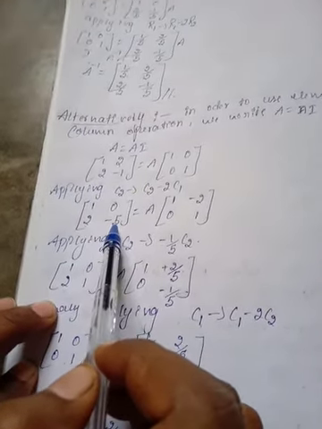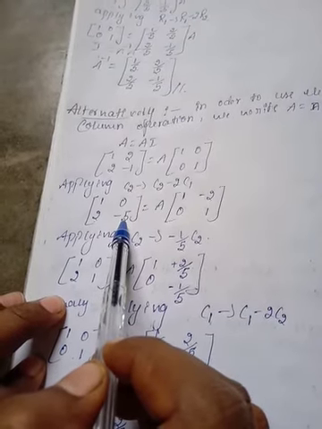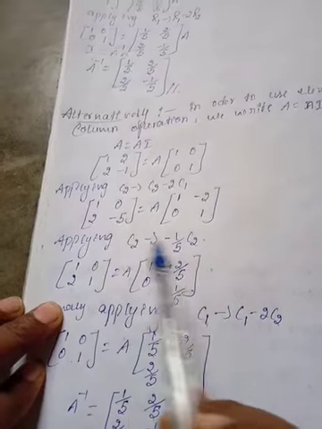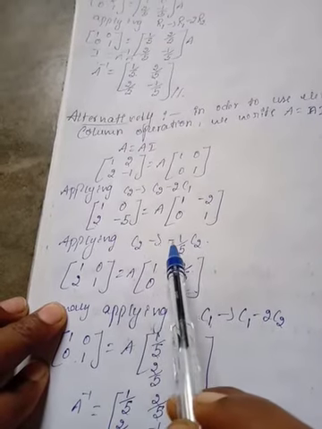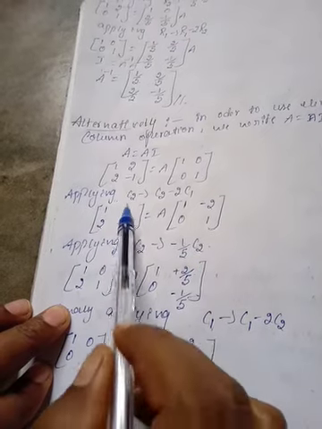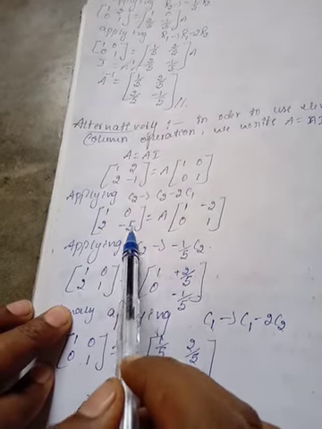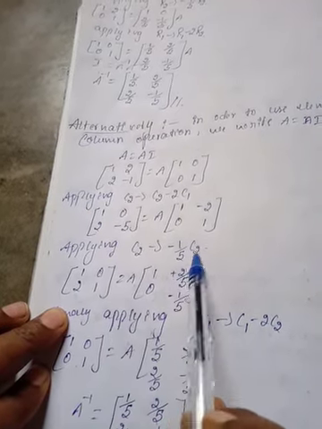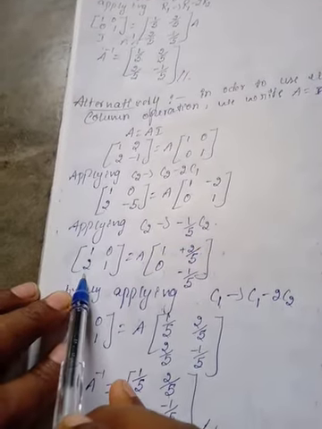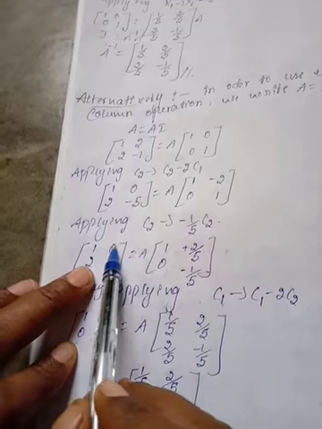Next, to get the identity matrix we need to change 5 to 1. So the operation is second column tends to 1/5 into C2. In the second column we get 1, that means multiplication of 1/5 in column 2. Column 1 as it is, 0 as it is.